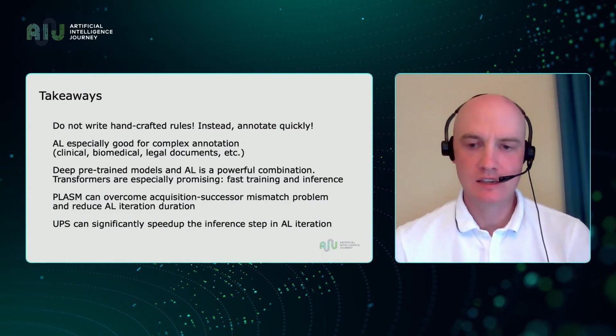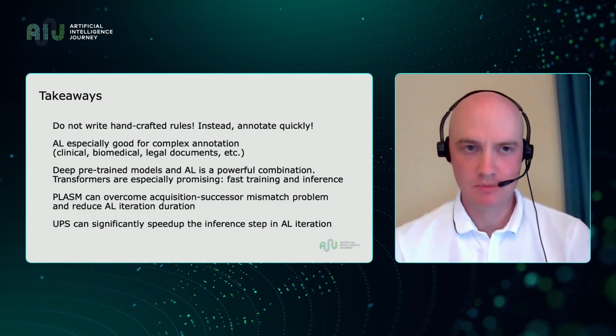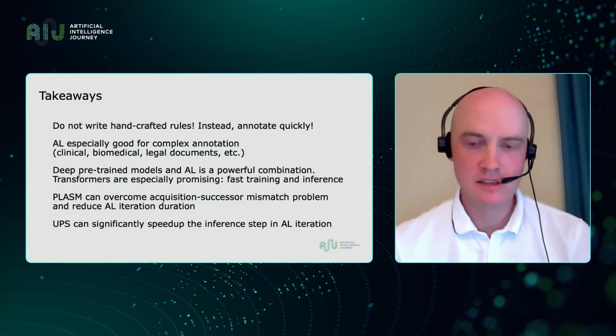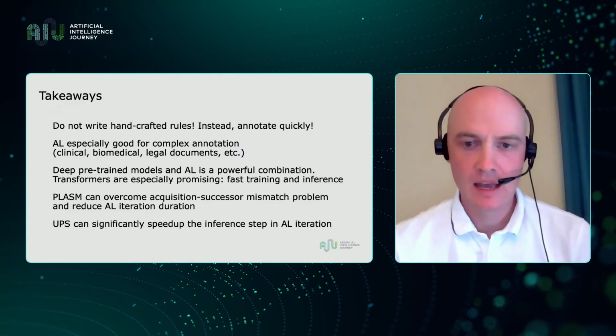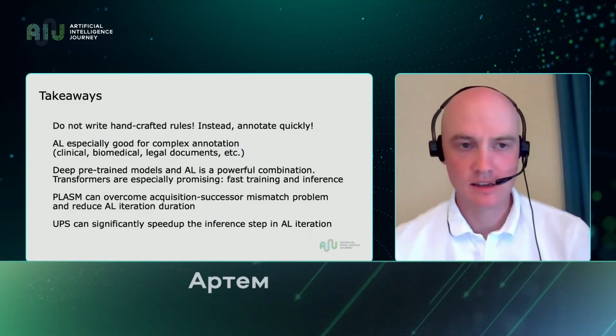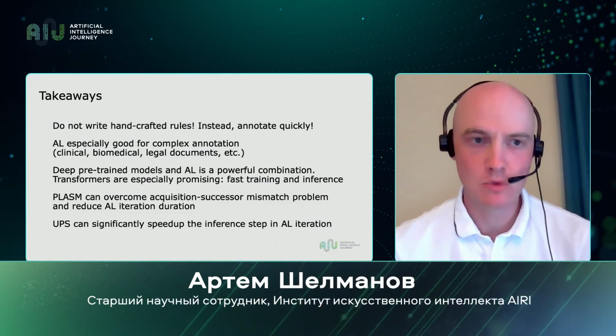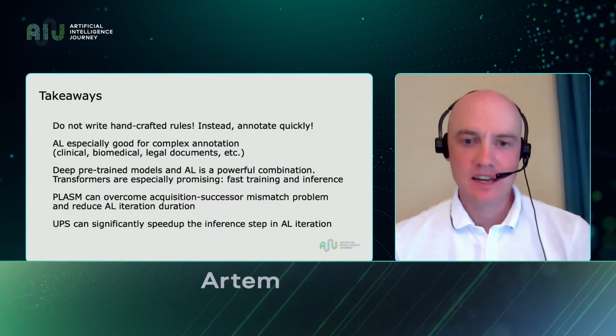Active learning is a good technology which is very useful when the task is very complicated, when you have a very complicated area, biomedicine, legal documents, and so forth, or tasks connected with business logic where annotators from crowdsourcing cannot label the data.